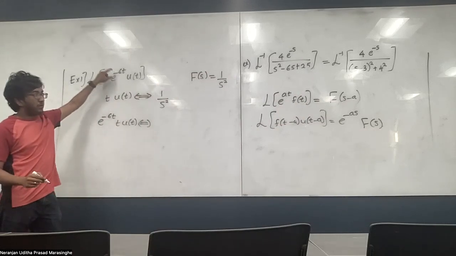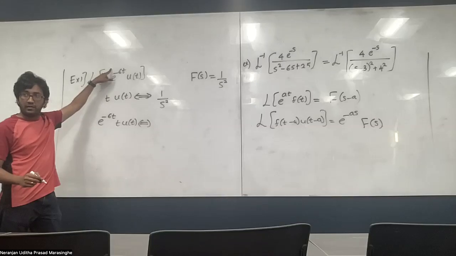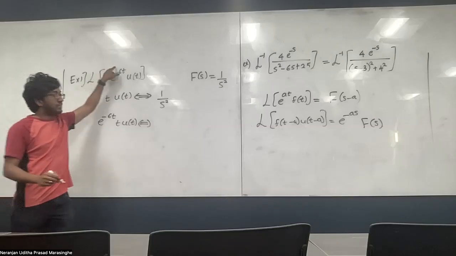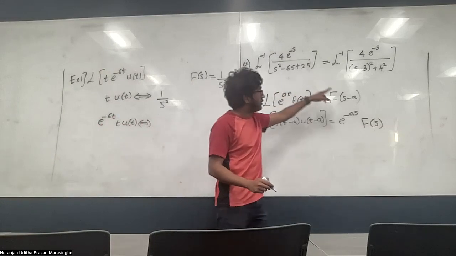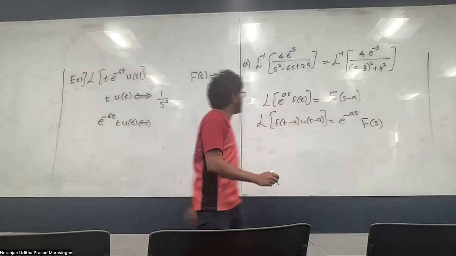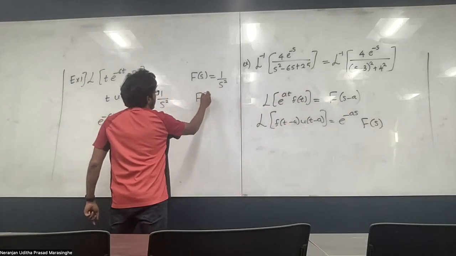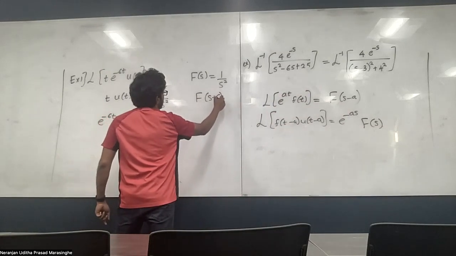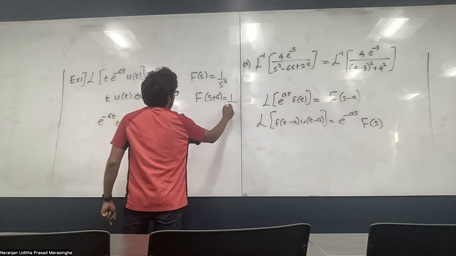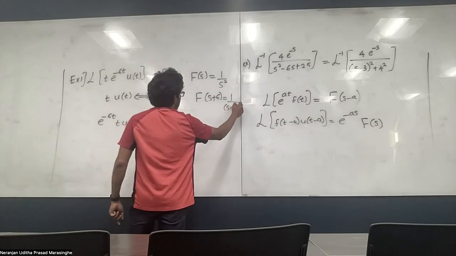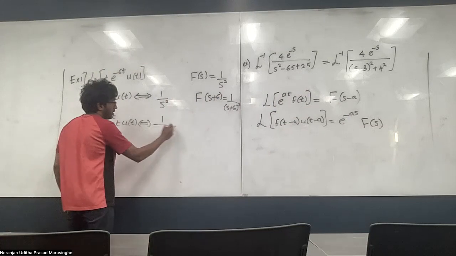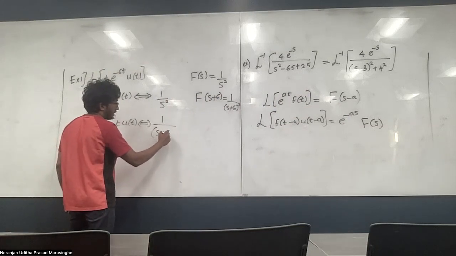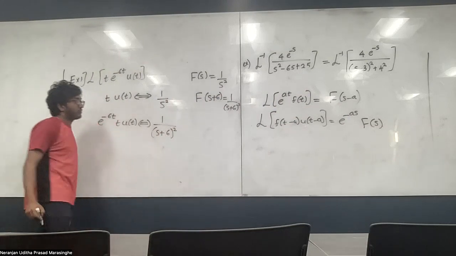And I am multiplying by e to the minus 6t. So what is the Laplace transform of that? Instead of a, I would plug minus 6. So F(s plus 6) is equal to 1 divided by (s plus 6) square.